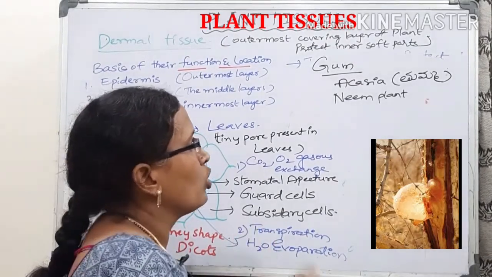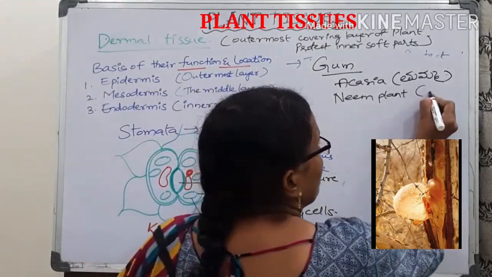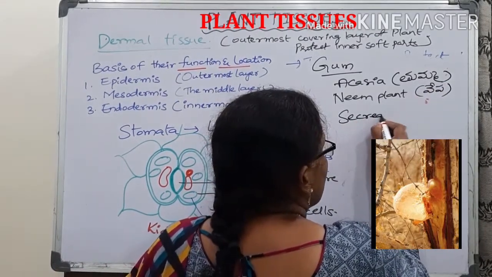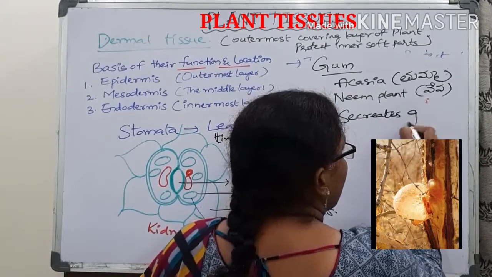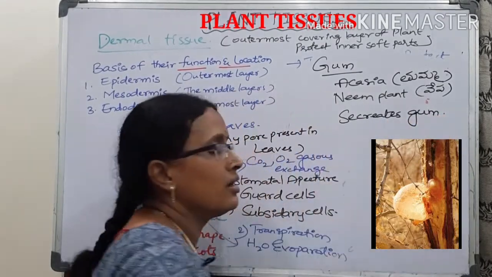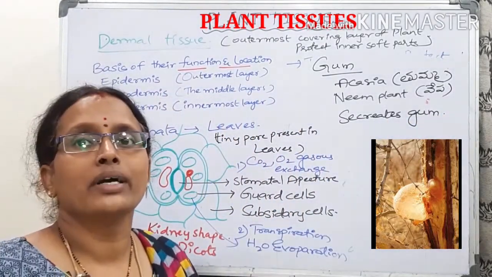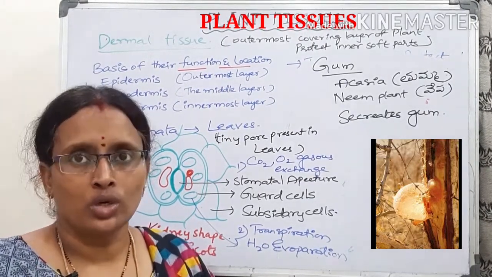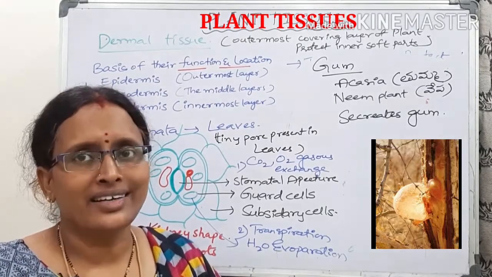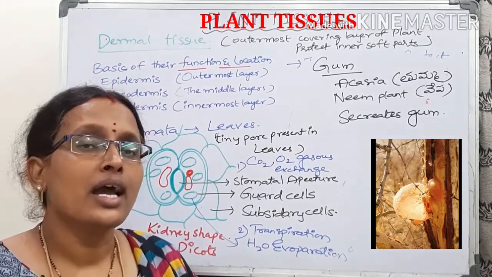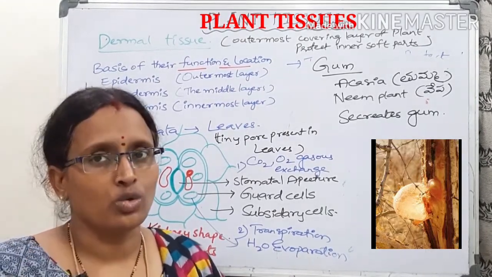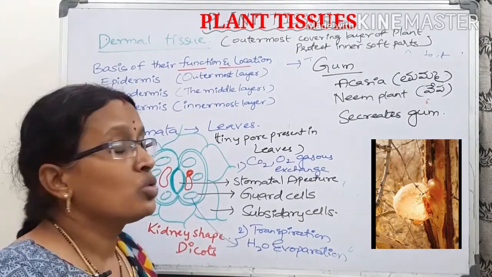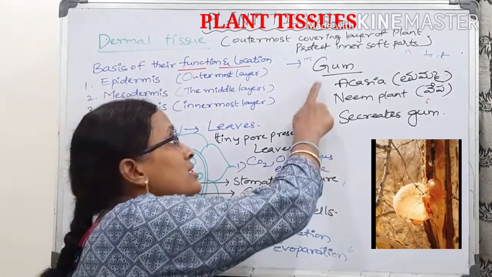Both plants secrete gum. This gum is one of the materials secreted by the dermal tissue. Plants store some food materials, excretory materials, poisonous materials, and some materials ooze out and come out of the plant body. One type of such material is gum.